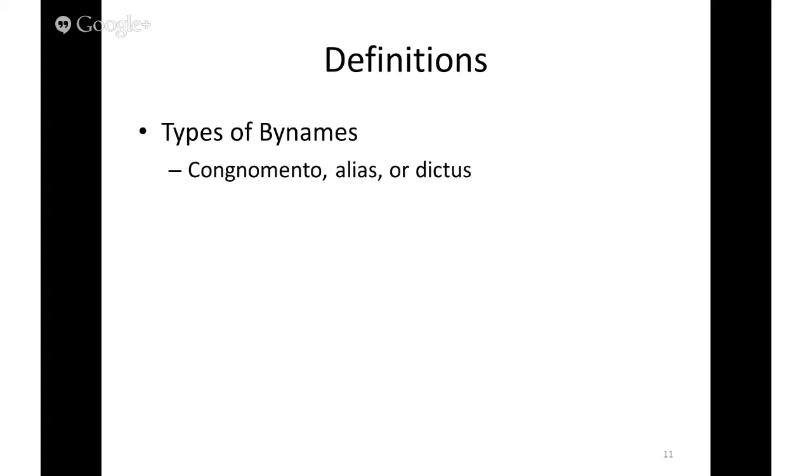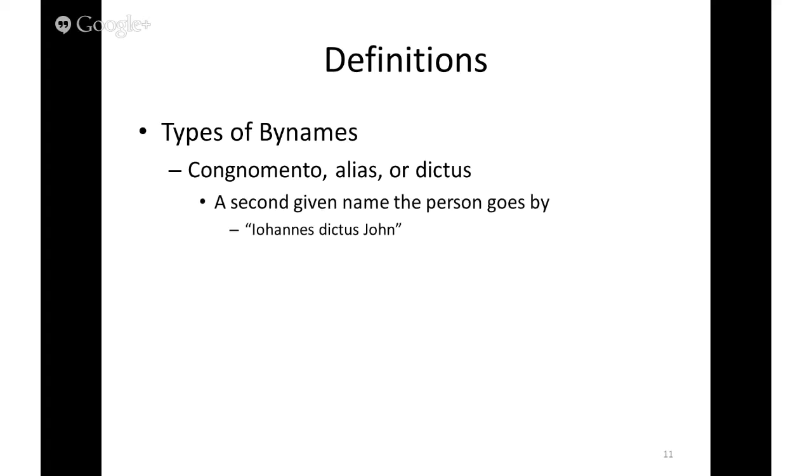We also have a type of byname called a dictus, also sometimes called alias or cognomen, and this is usually a second given name that the person goes by. So, for example, Johannes dictus John is Johannes called John. It's very common with a combination of Latin and vernacular names.